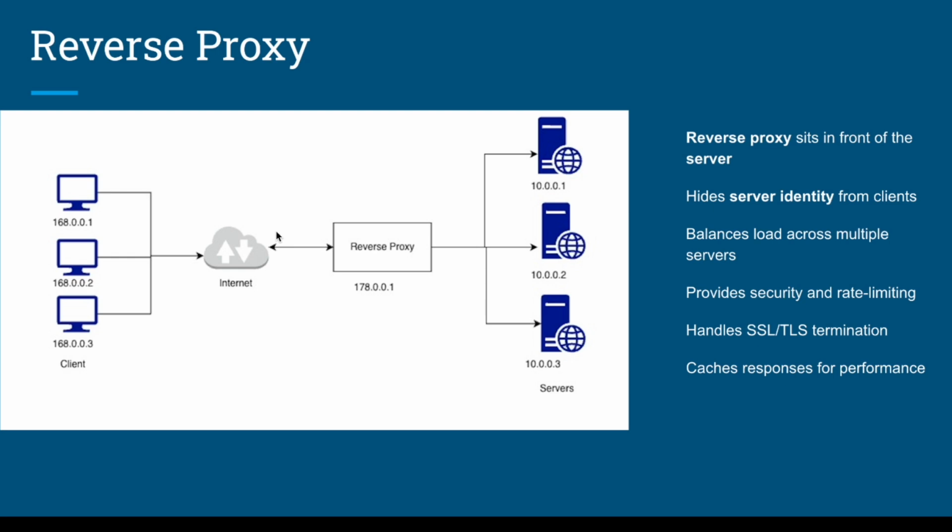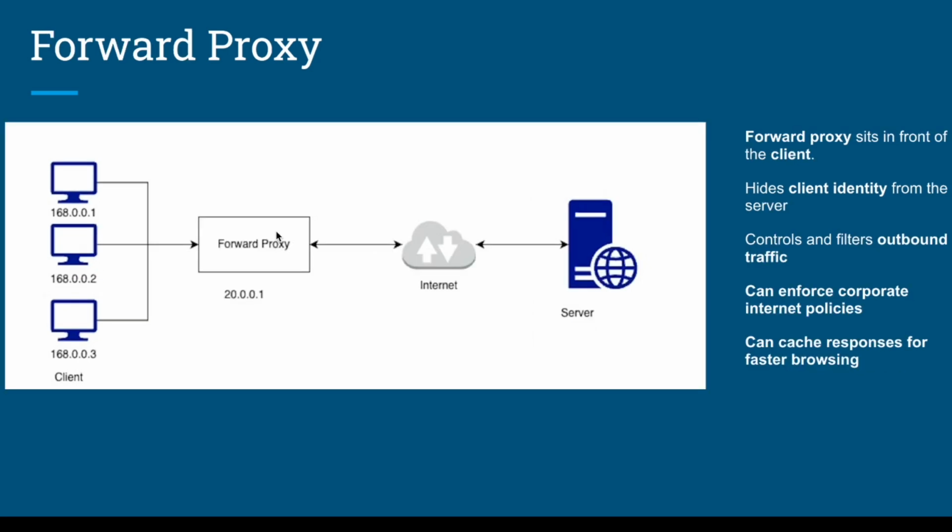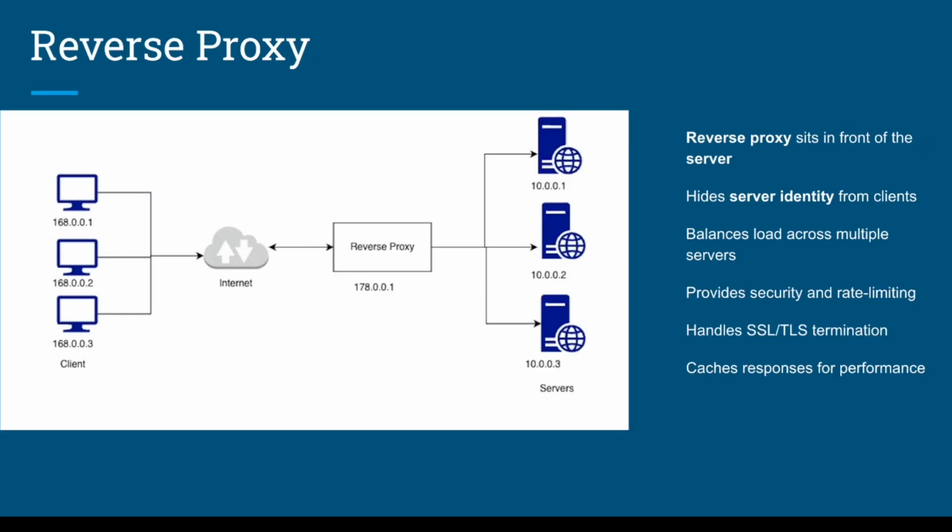Just to summarize, the forward proxy sits in front of the client, the reverse proxy sits in front of the server, the reverse proxy hides server identity, and the forward proxy hides client identity. A reverse proxy has a lot of different advantages: load balancing, security, rate limiting, SSL termination, caching.